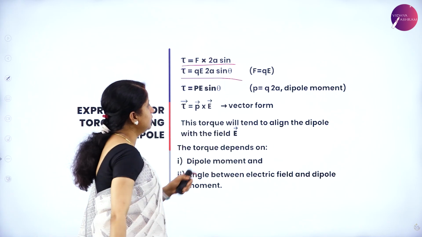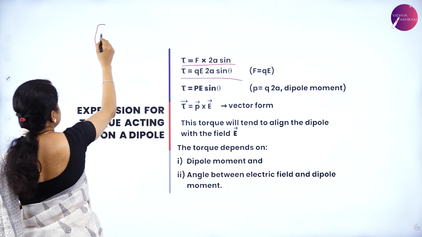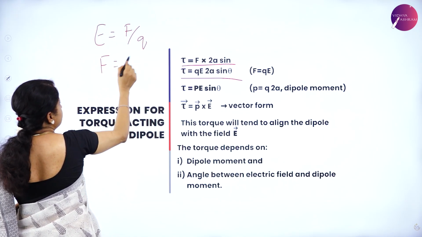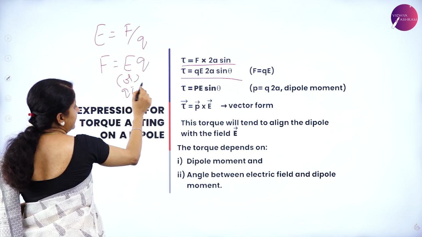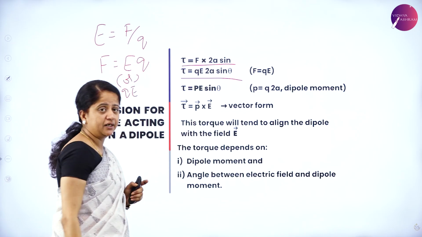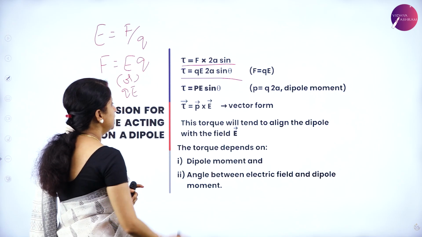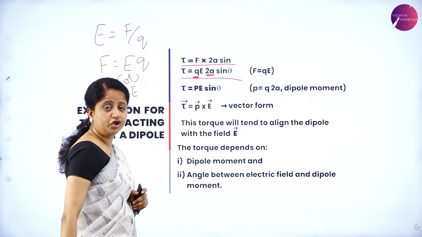So, tau is equal to F, in the place of F I can substitute QE, because electric field is equal to force experienced by unit positive charge, and from this we can write F is equal to QE. Hence tau is equal to QE into 2a sin theta. You can observe here I have a charge Q and I have a term called 2a. So, what is 2a?